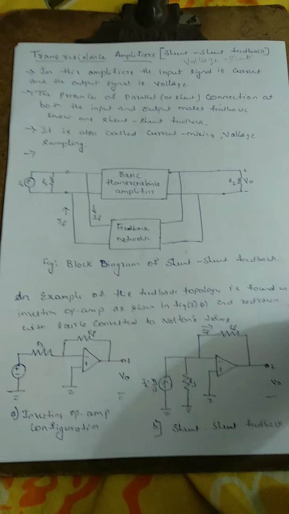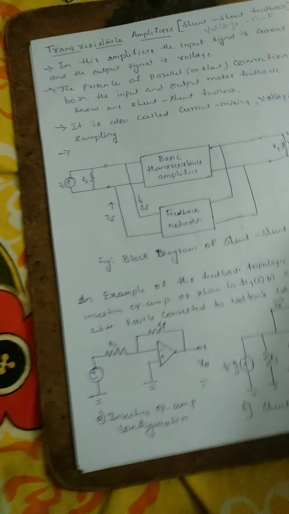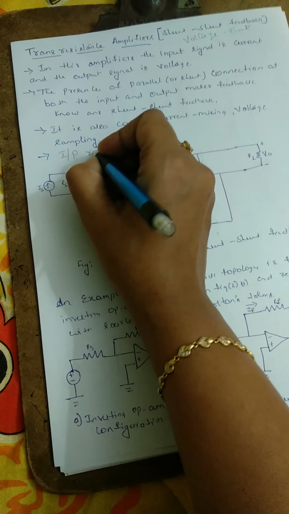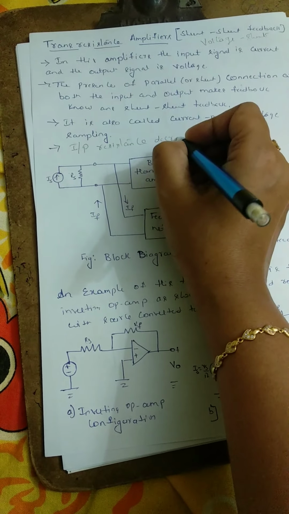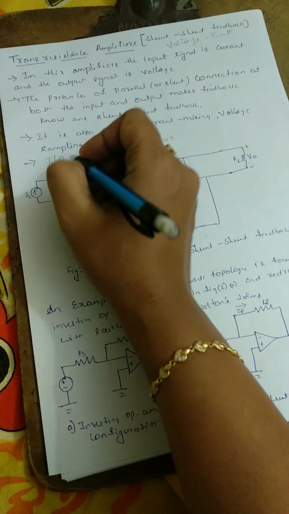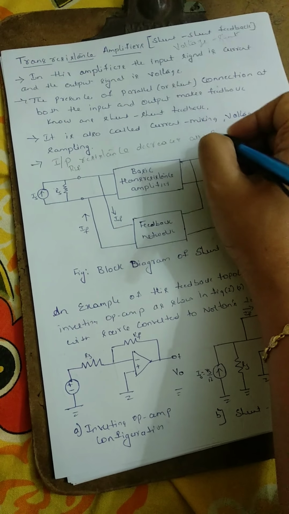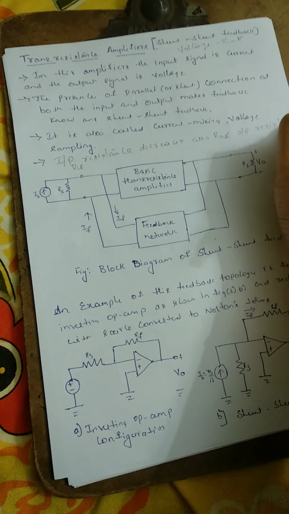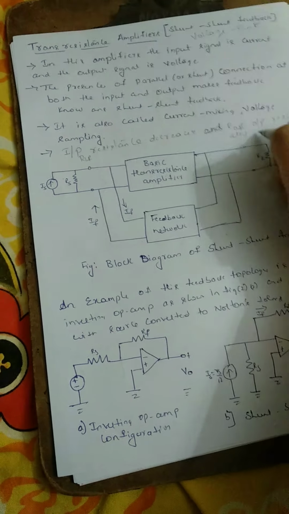In transresistance, for both input and output, the input resistance decreases, that is RIF, and the output resistance also decreases.